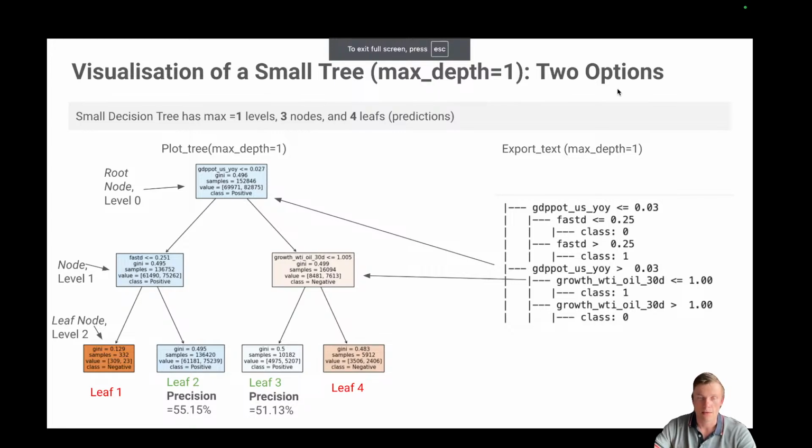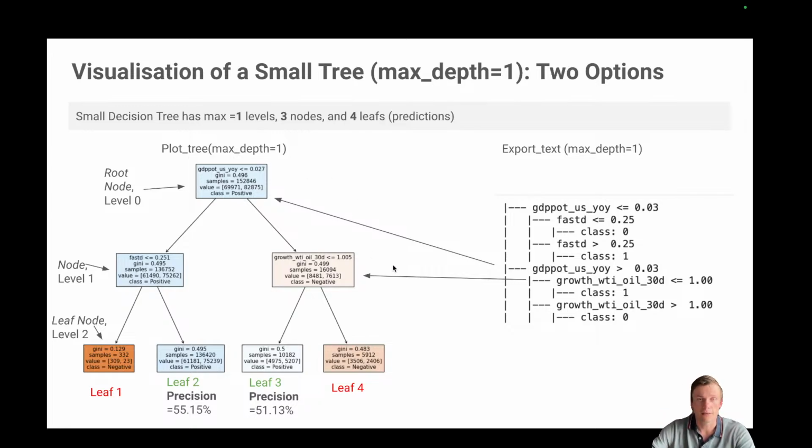So I want to highlight the 2 different options of tree visualization. First, 2 weeks ago we covered this option, plot tree, and this is a small tree of maximum depth equals to 1. We know that it's not the most efficient model, but for the sake of understanding, it's a good example.